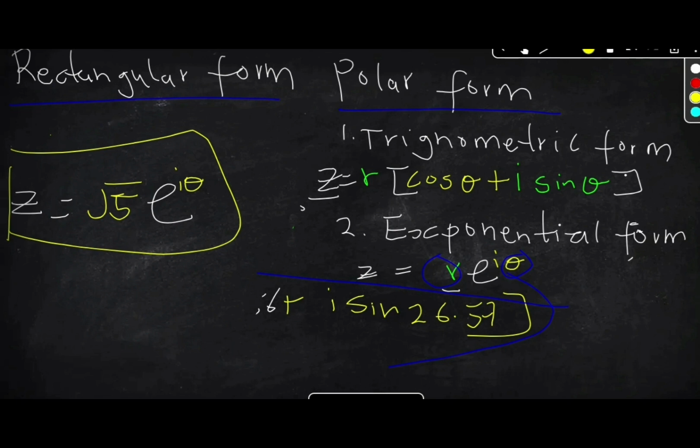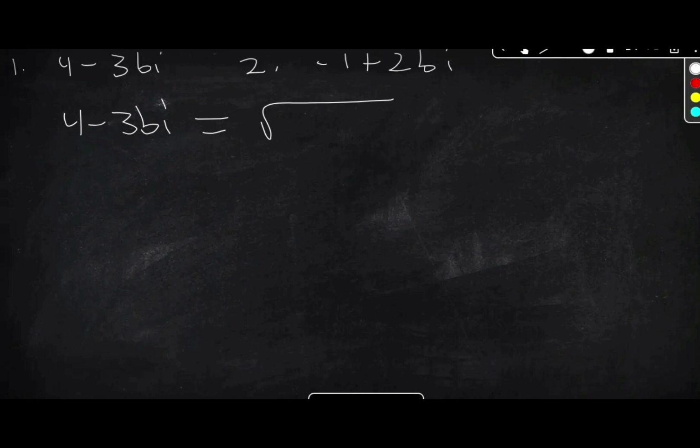Let's take another example. We have 4 minus 3i, and the second one is negative 1 plus 2i. Taking the first example, 4 minus 3i, the first thing we need to do is find the magnitude or the radius, which is the square root of 4 squared plus 3 squared.